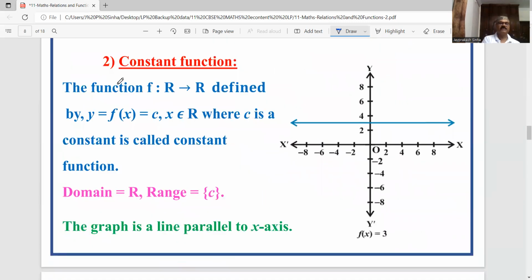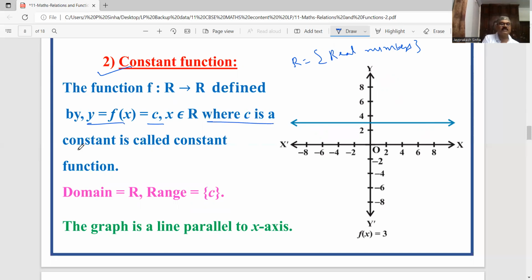This is the constant function. Function f. f is a function from R to R. Again here R is the set of real numbers. Then f is a function from R to R defined by y is equal to f(x) is equal to c, where c is a constant, where x is an element of the real number set.